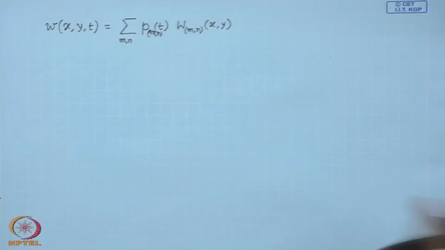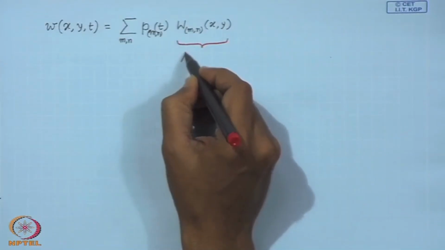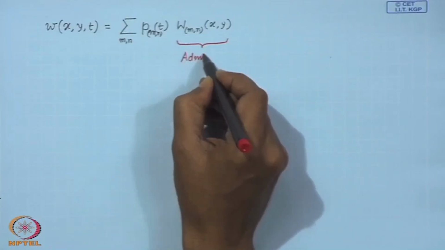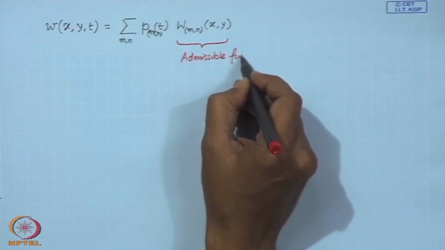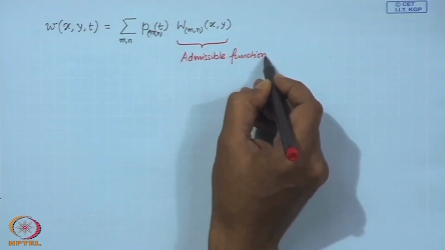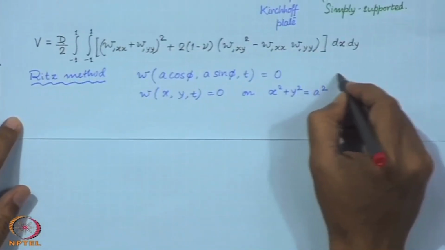These are our admissible functions, which need to satisfy only the geometric boundary conditions of the problem, and this boundary condition is the geometric boundary condition.